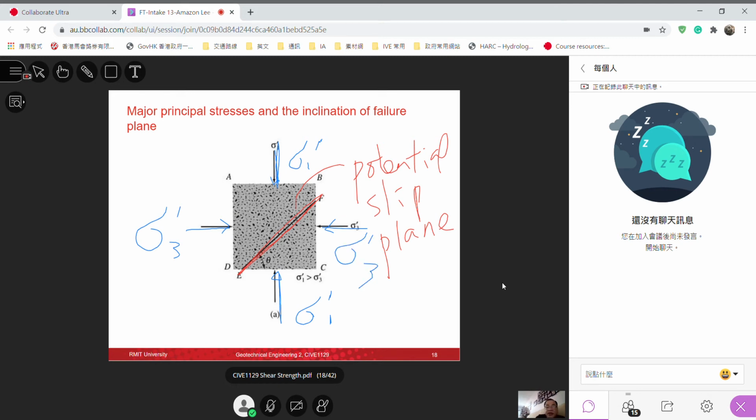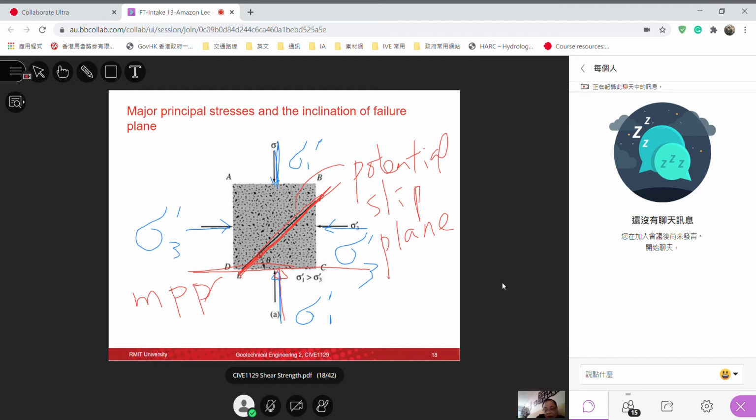Then in this case, your potential slip plane will develop with an inclination of angle theta from the major principal stress plane. This is the major principal stress plane, MPP.